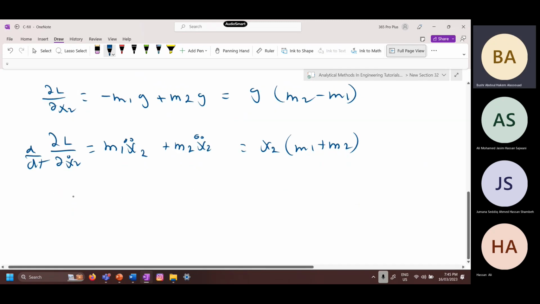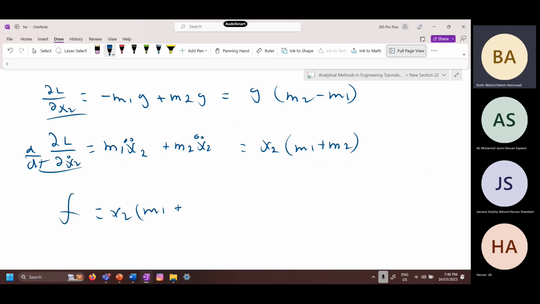Now just take this term minus this term, and you get x2 double dot (m1 plus m2) minus g (m2 minus m1).